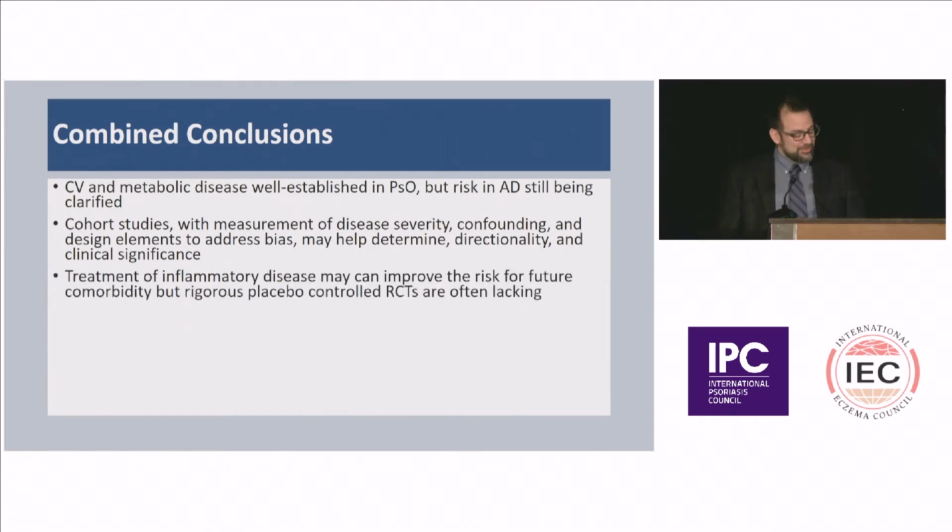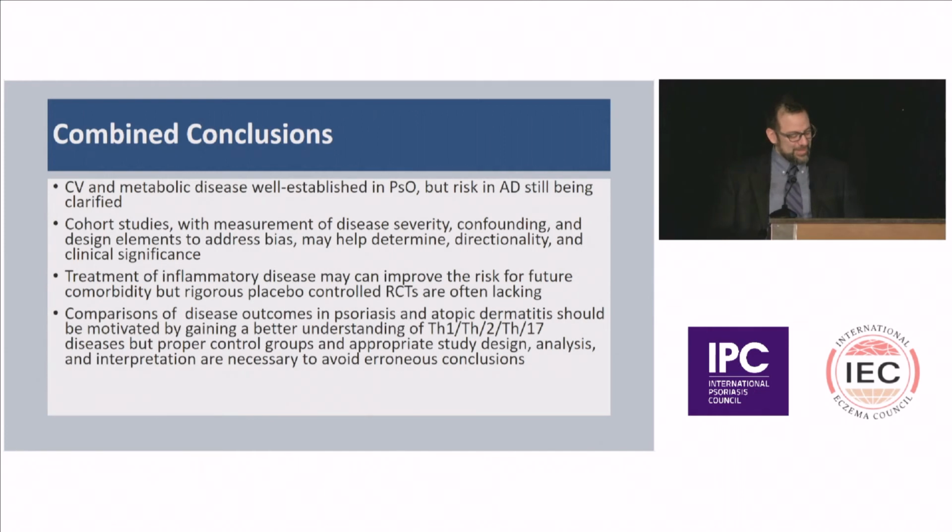Treatment of the inflammatory disease may improve the risk of future comorbidity, but rigorous placebo-controlled RCTs are lacking, except with this guy. And comparison of disease outcomes in psoriasis and atopic dermatitis should be motivated by gaining a better understanding of the immune pathways, but proper control groups and appropriate study design, analysis, and interpretation are necessary to avoid erroneous conclusions.